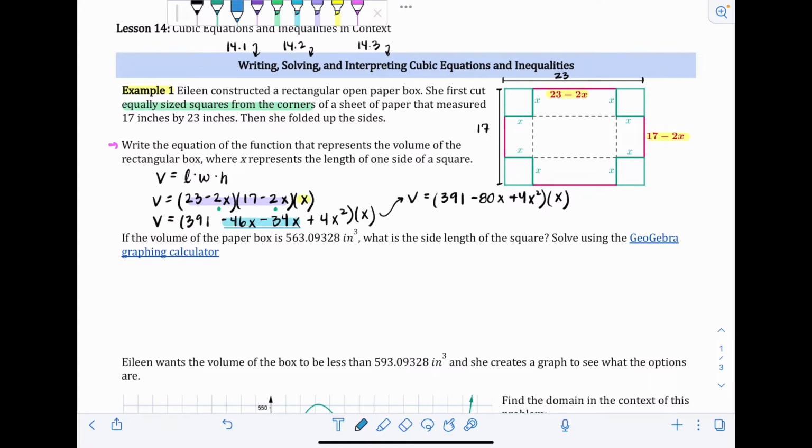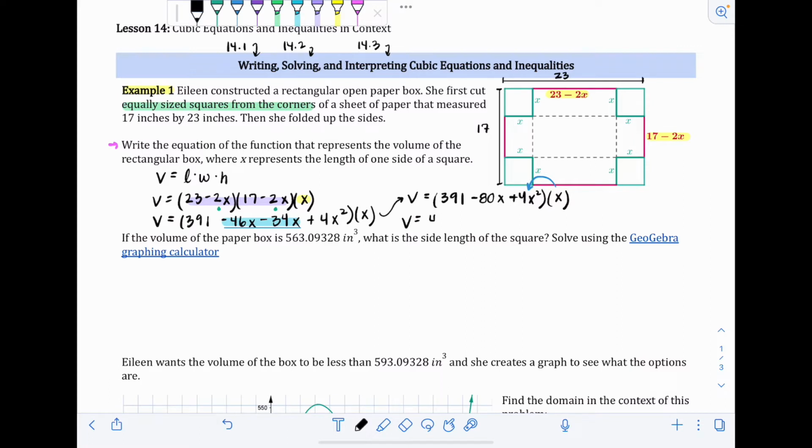So I'm going to kind of do this backwards because I want it to be in standard form. That means the exponents go from highest to lowest. So it'll be v is equal to, I'm going to do the x times 4x squared first.